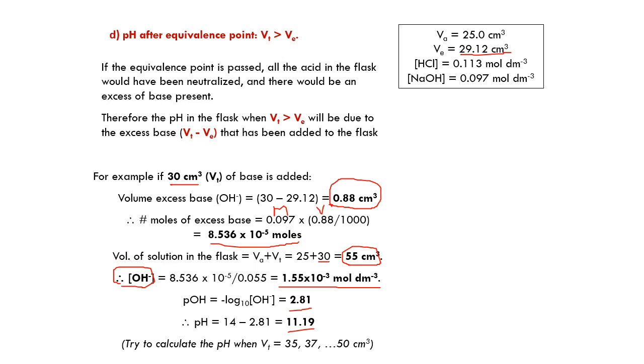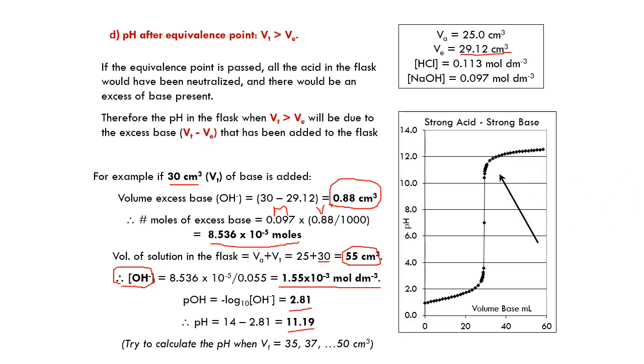And of course, we can calculate at different points when the volume of titrant that has been added is 35, 37, 50, and so on, to help us construct the titration curve. So this is what we'd be looking at here. Beyond the equivalence point, this is what we expect to happen in terms of the change in the pH.